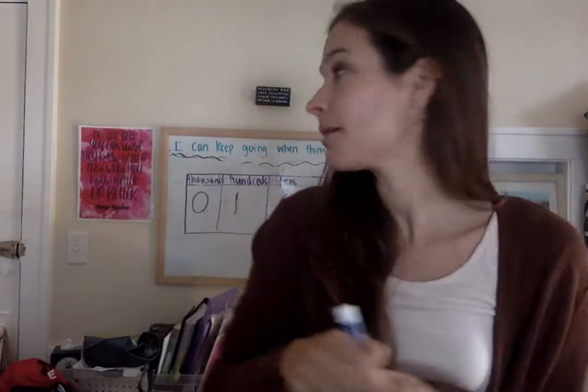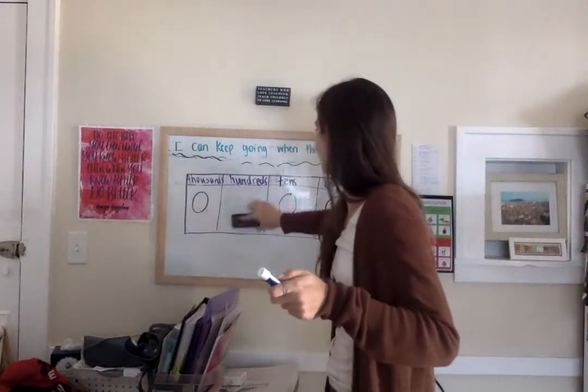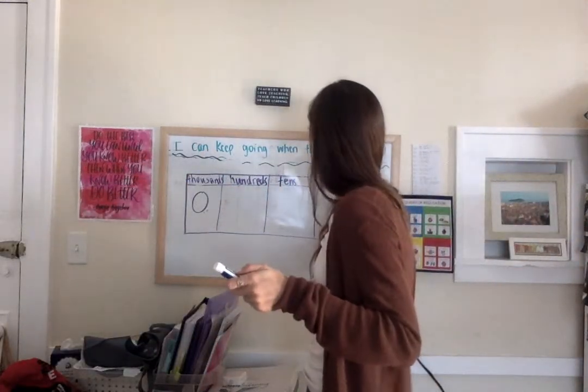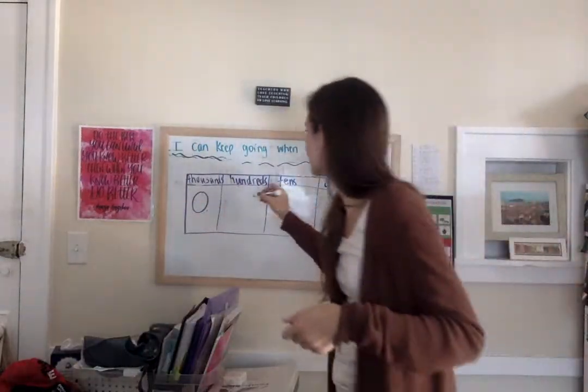Okay, welcome back. Did you build the number 124? Show me. Do you have 100? Do you have 20? And do you have 4? How many hundreds are in the number 124? Just one. 100.